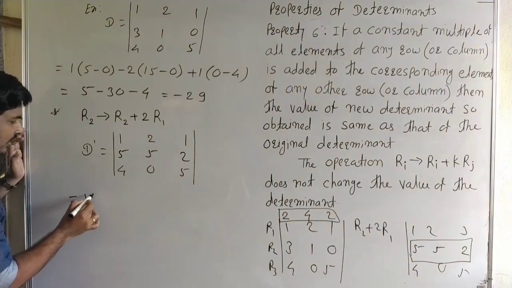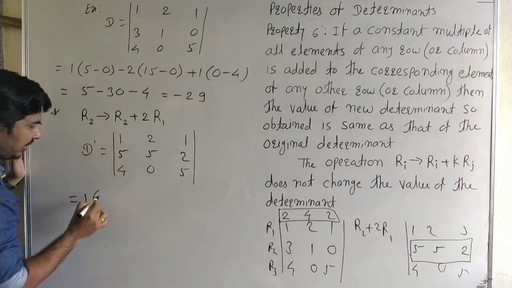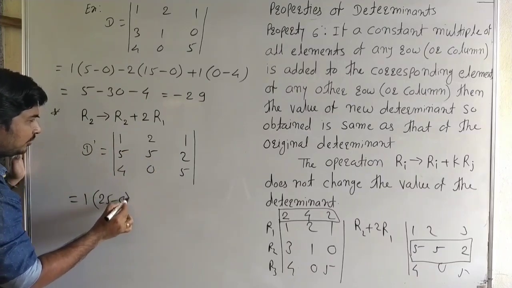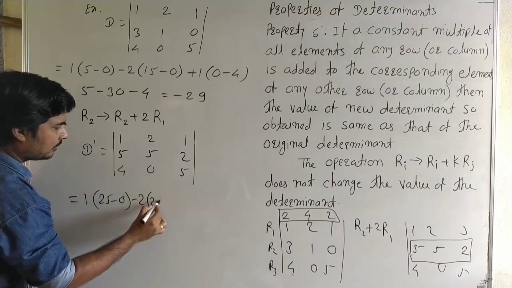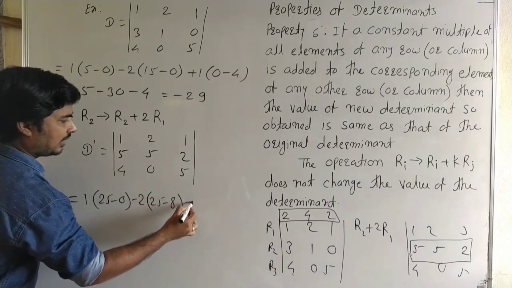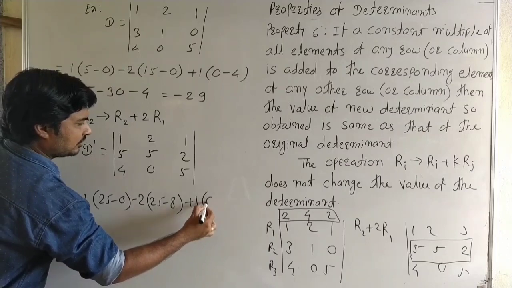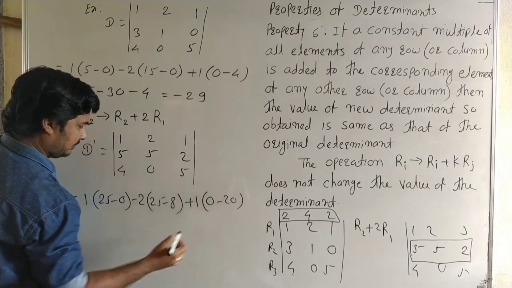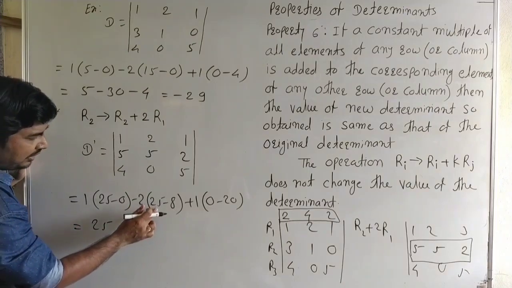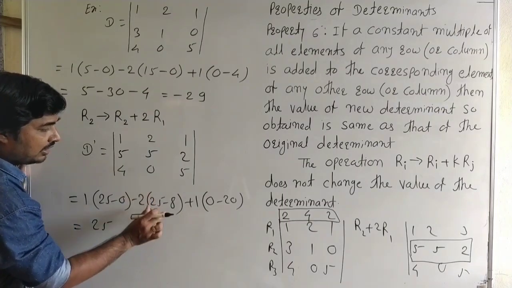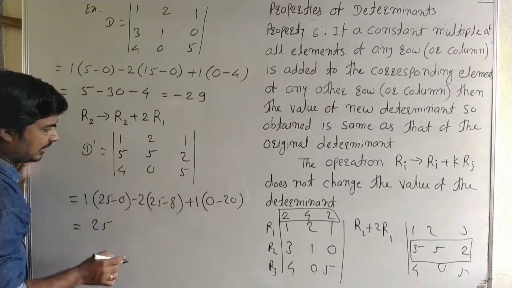Here 1 into 25 minus 0, change the sign of the middle term, minus 2 into 25 minus 8, and plus 1 into 0 minus 20. Here 25 minus 8, see carefully, it is 17.